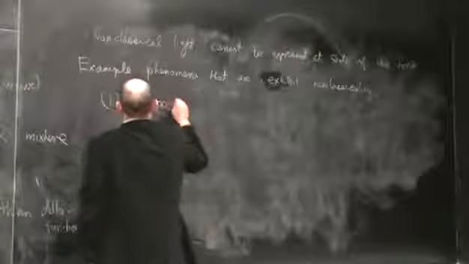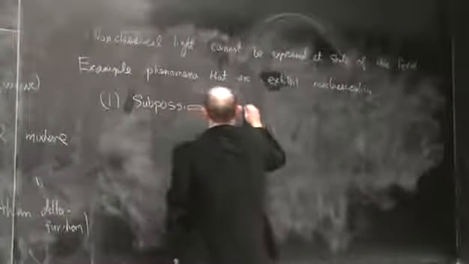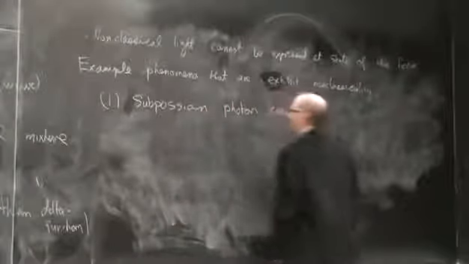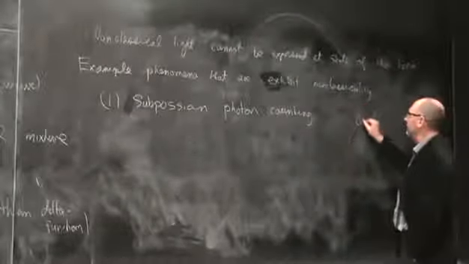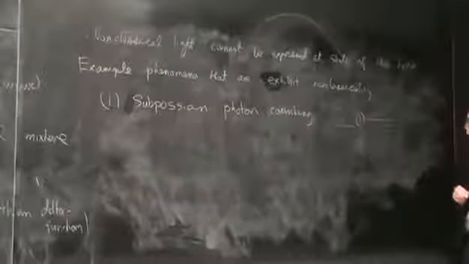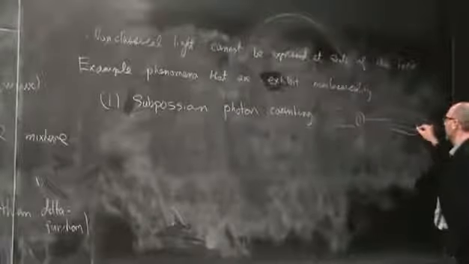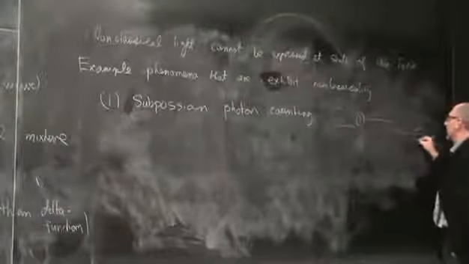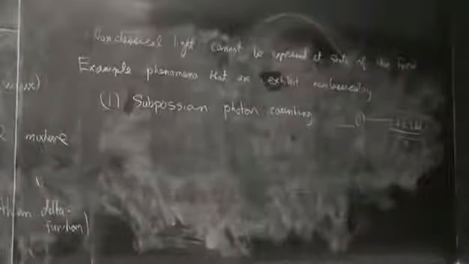Number one, sub-Poissonian photon counting statistics. So if we have a photon counter and we send our light beam on this photon counter, we count for some time interval, we get some random clicks, and we ask what number of photons I get in that interval.